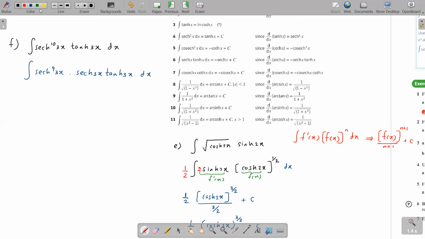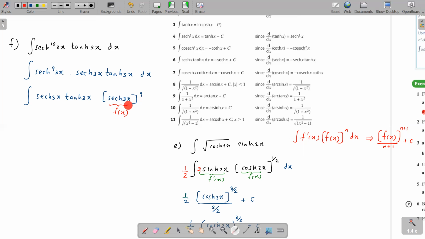Okay, so then let's rearrange again. I'll keep the sech 3x tanh 3x in front. And then here I have sech 3x to the power 9. So this is my f x to the power n. So f x is sech 3x. So f dash x, you need to realize, if it's 3x, the chain rule works. So it's minus sech 3x tanh 3x into 3.